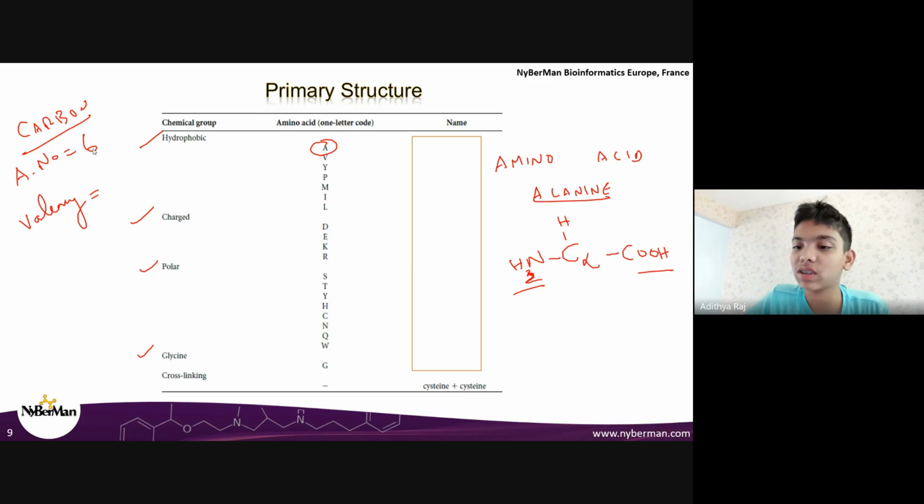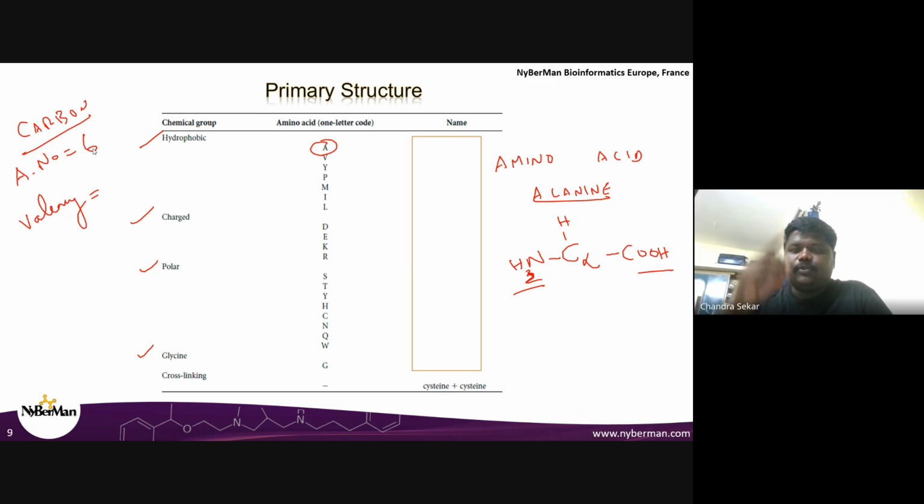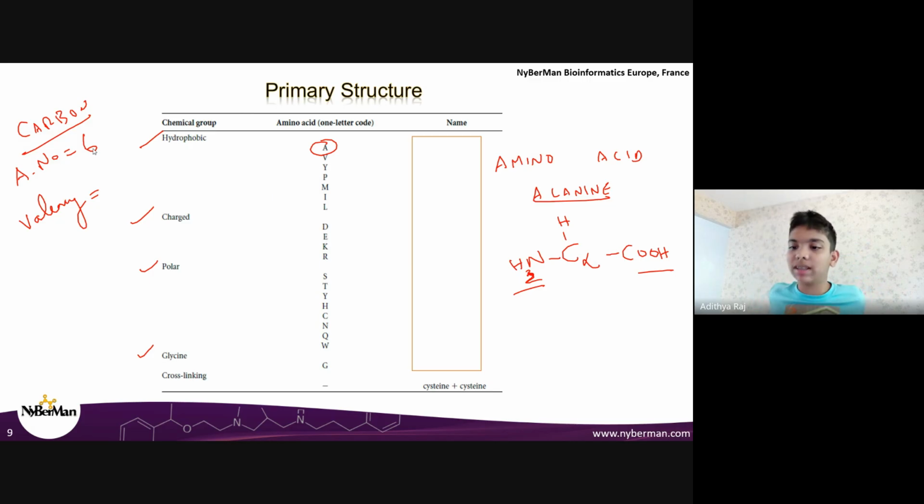How is it 4? In the first shell 2 is there, and the second shell can accommodate 8, so 6 minus 2 is 4. So carbon can form 4 bonds.